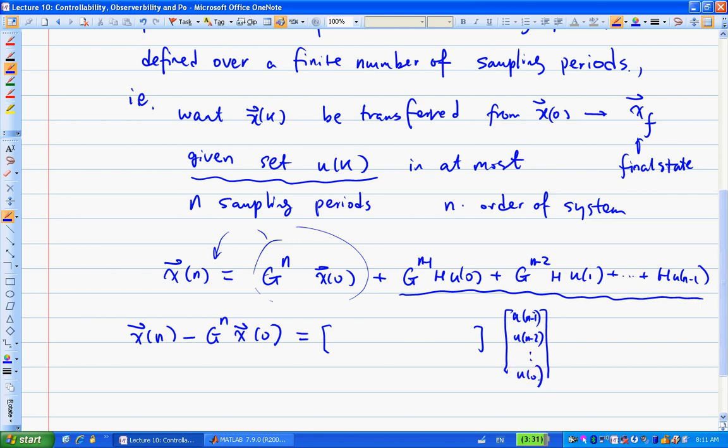One is this u vector. And the other vector is the coefficient in front of each one of the u components. So what's the coefficient in front of u(n-1)? It's this H, right? And what's the coefficient in front of u(0)? That's G^(n-1) H. So the second one should be GH, and then dot dot dot in the middle. Can you see this? Yeah.